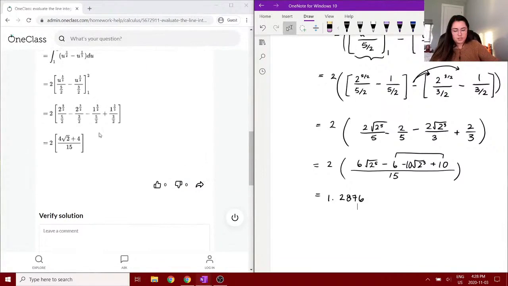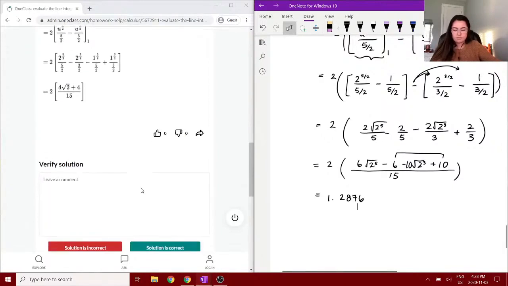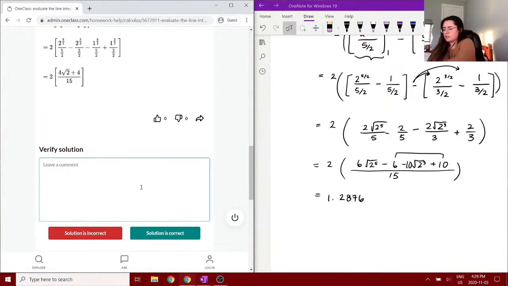In this solution, they leave it as this final answer. The step right above is basically the same as what we've got here. So I'm going to say, good work. Well done. And that's all we're going to do for today.